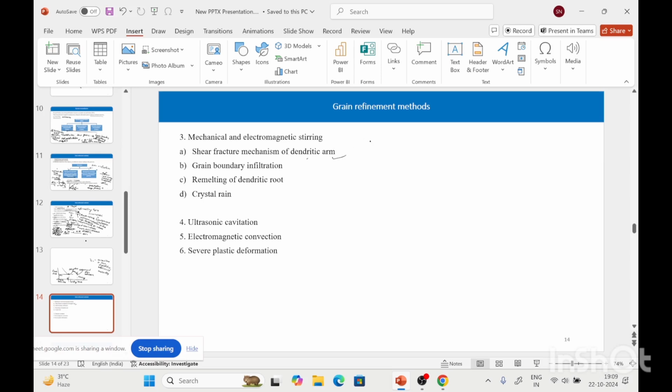The dendritic arms during the solidification can break due to the shear force experienced between the liquid metal and the dendritic arms.